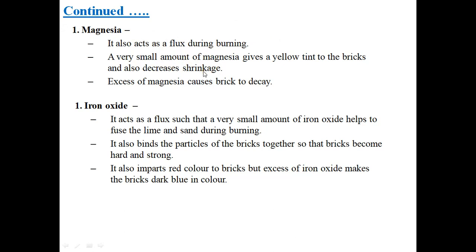Every material is used to avoid shrinkage. Next, excess of magnesia causes bricks to decay. Remember it should be in appropriate proportion. If it exceeds the proportion, it causes the decay of the brick.